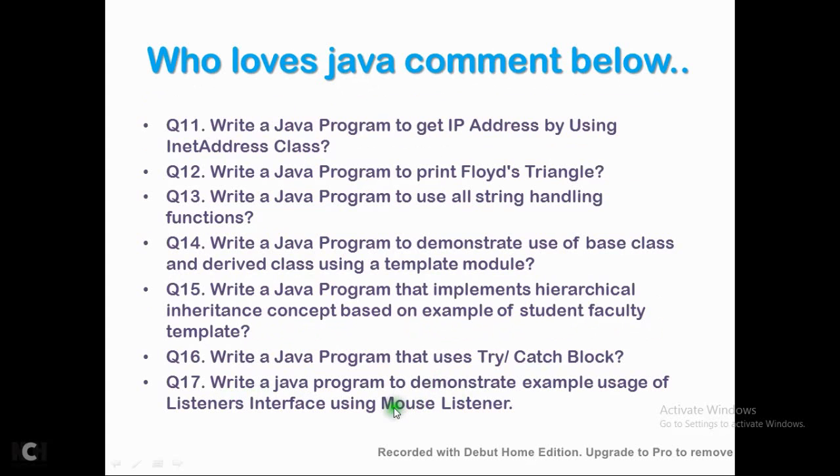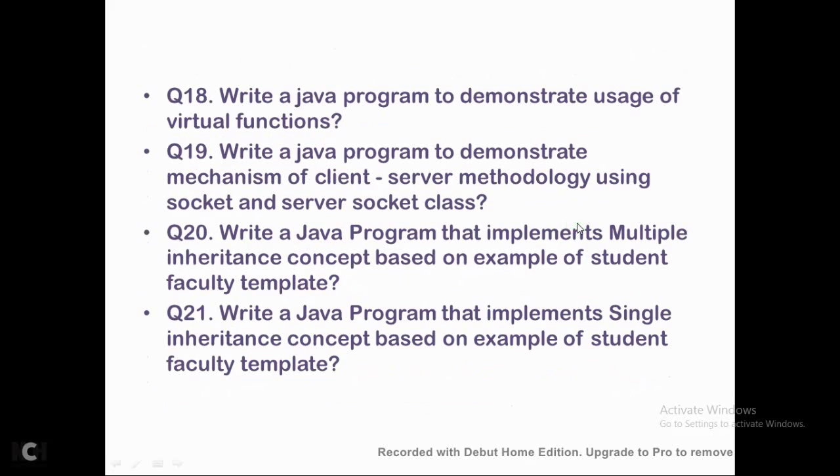Then demonstrate mouse listeners. The listener interfaces, like the mouse listener, are much more important. If you let me know in the comments that you need all these programs explained in the video sections, then I will definitely make videos for them.